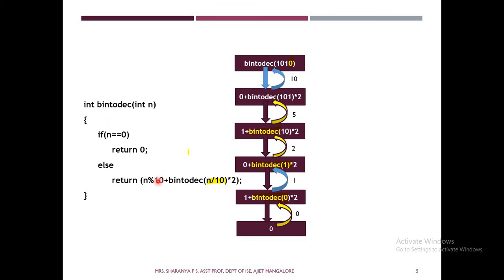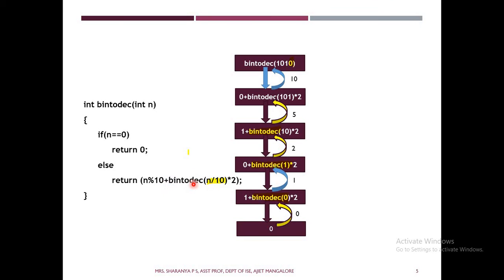First it obtains the last digit, as you could observe with this 1010, it separates the last digit, then finds the binary to decimal value of the remaining digits.